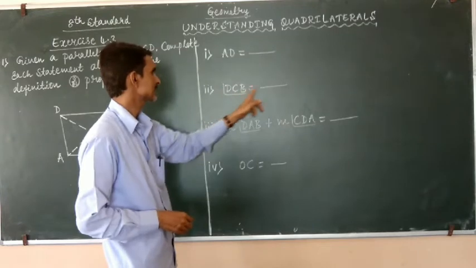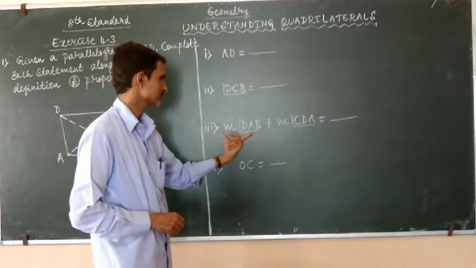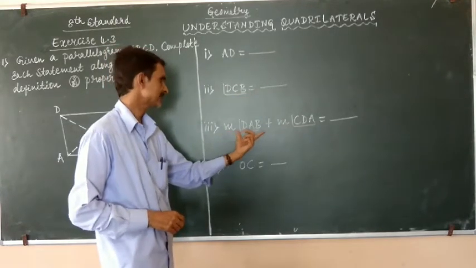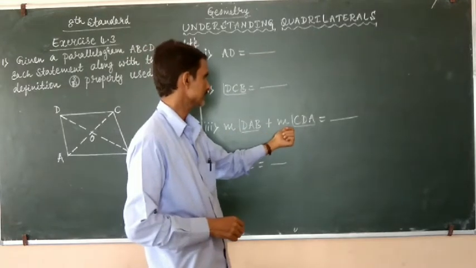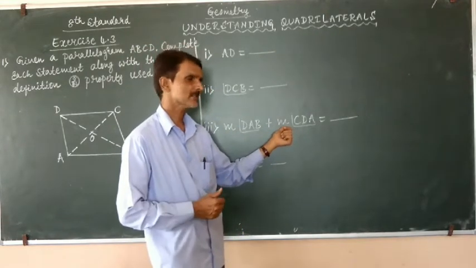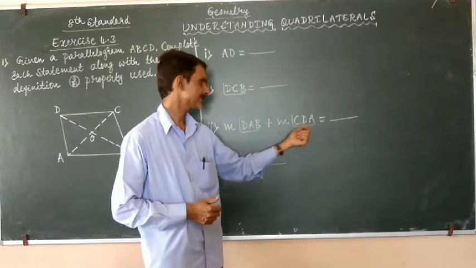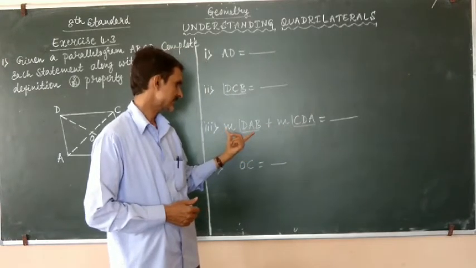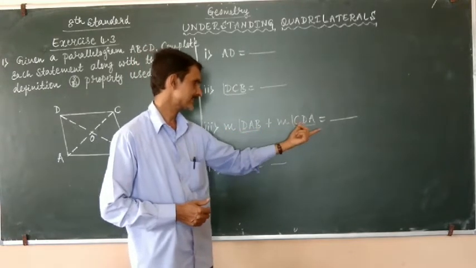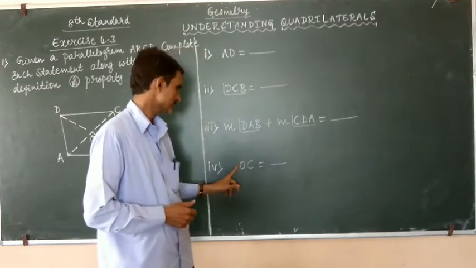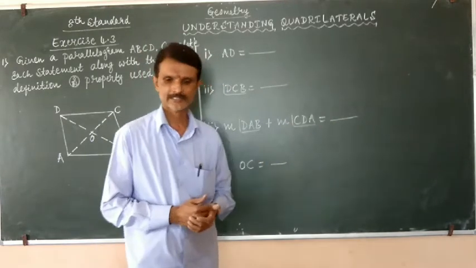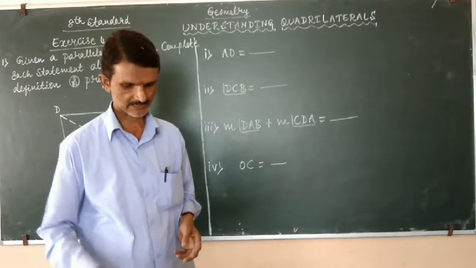Angle BCD is equal to dash. The third one is measure of angle DAB plus measure of angle CDA equals dash. And OC is equal to dash.